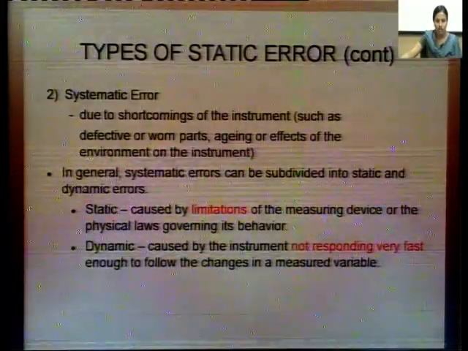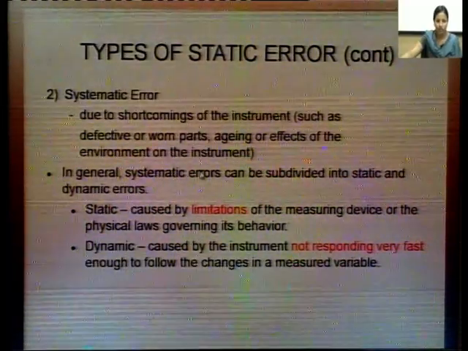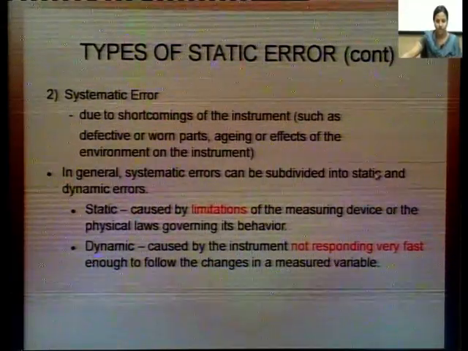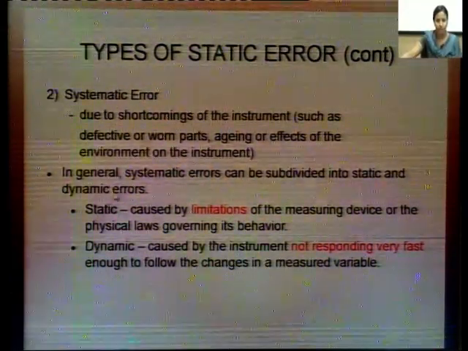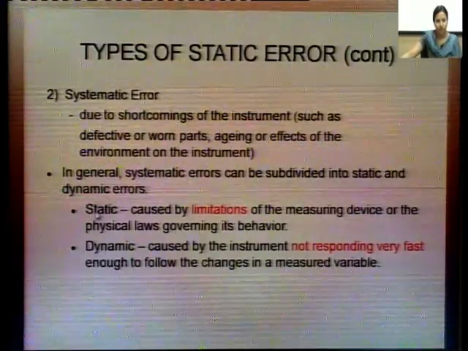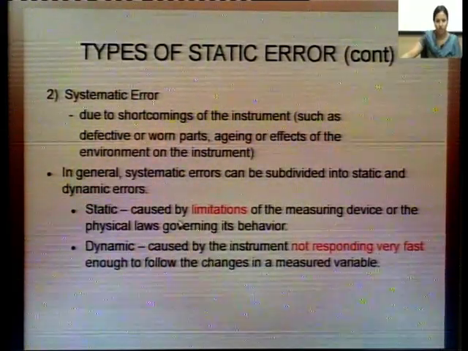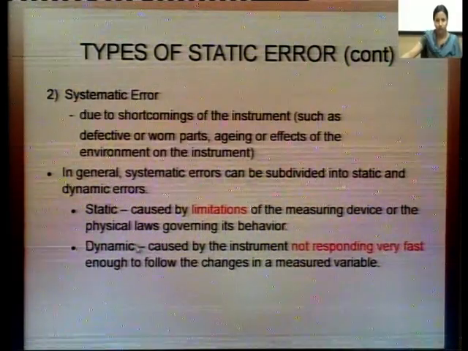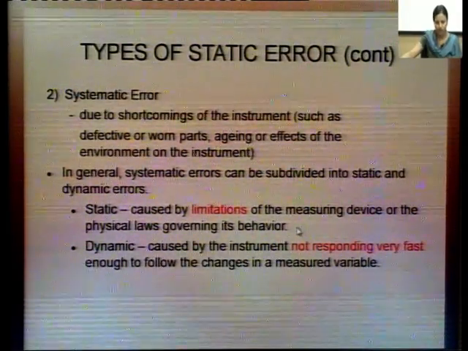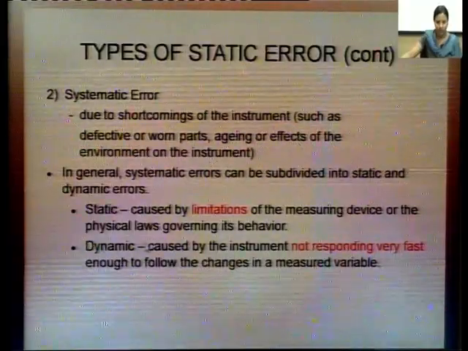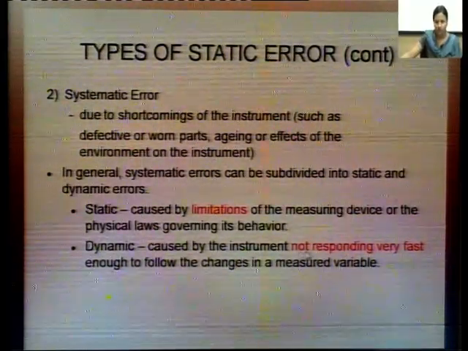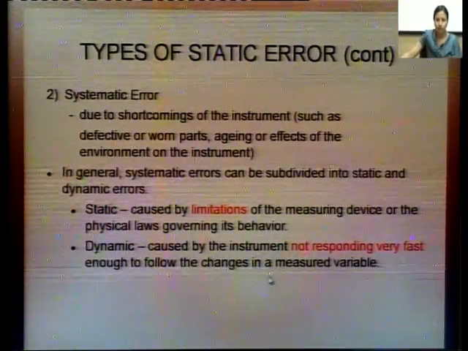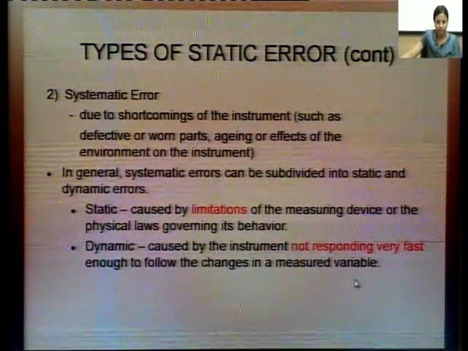Next point is, in general, systematic error can be divided into 2 parts. First one is static and second part is dynamic error. Static error is caused by the limitations of the measuring device or the physical laws governing its behavior. Dynamic error is caused by the instrument not responding fast enough to follow the changes in the measured variable.